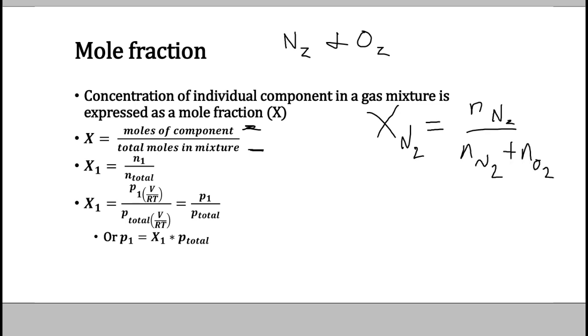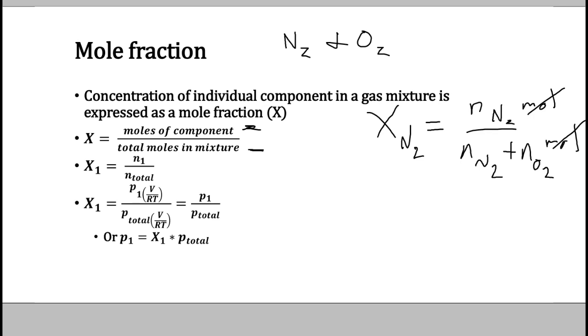And this would give you a mole fraction. A mole fraction will not have any units, because the numerator has units of moles and the denominator, where you add those together, also has units of moles, so the units cancel out. So a mole fraction is dimensionless. We could write the mole fraction of 1 as n sub 1 over the total number of moles.